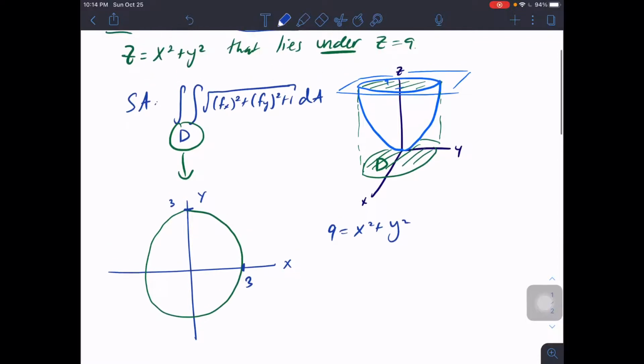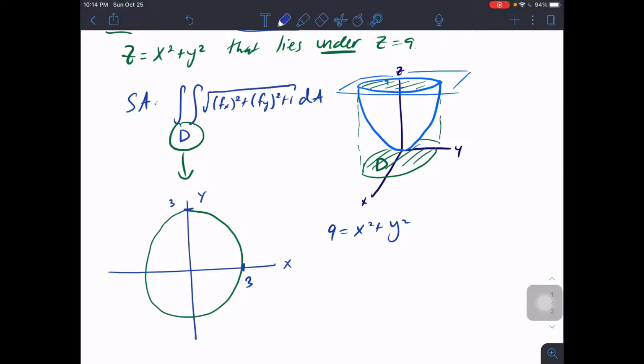And you can say, well, okay, now that I have my region D here, do I want to consider it in rectangular coordinates and do type 1, where y is bounded below by some function and above, or type 2? But as we've practiced in section 15.3, circles are a big indicator that we want to use polar coordinates, okay?